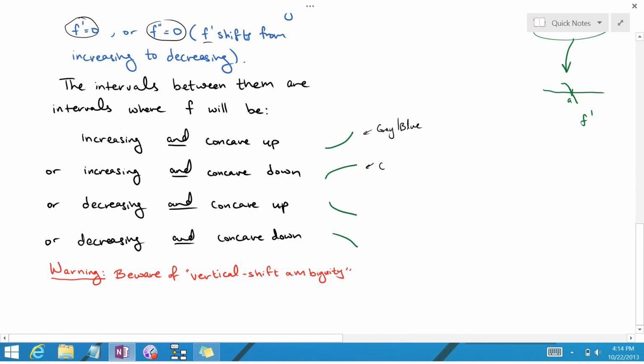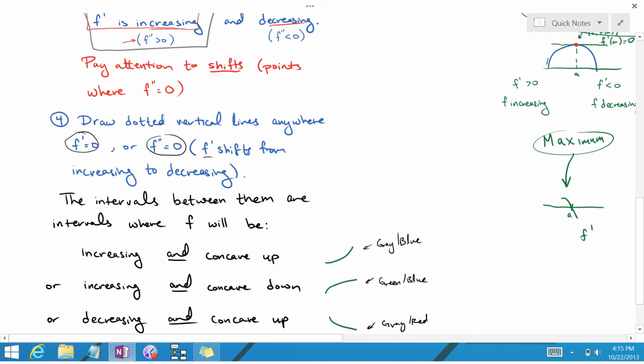Those would be my green blues. Or maybe you're decreasing and you're concave up, which would look like that. That's my gray reds. And finally my green reds, where you're decreasing and concave down, and your graph should look something like this.